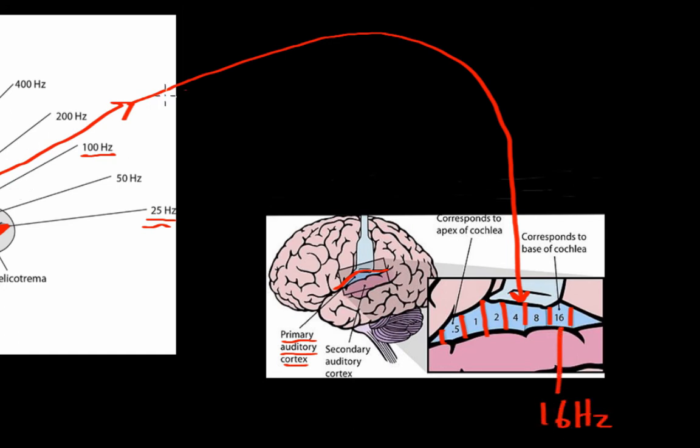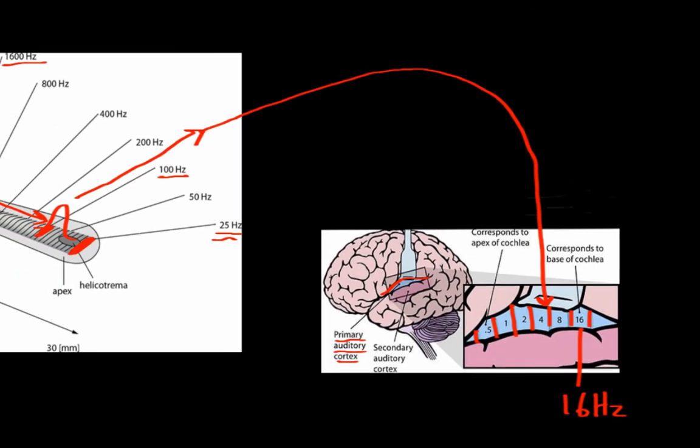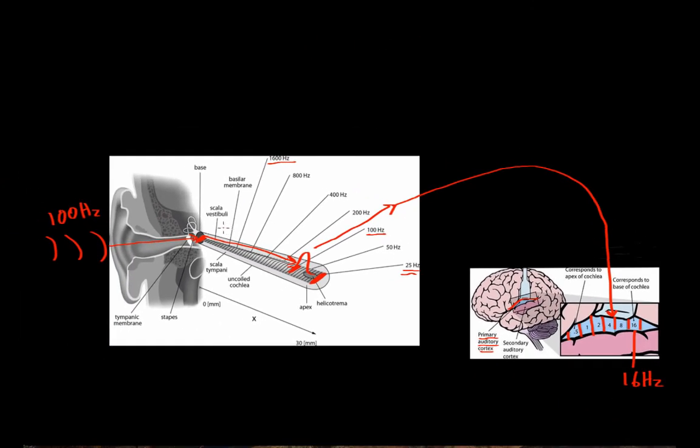And the reason that this is important is because the brain needs to be able to distinguish between various sounds. If all the hair cells were sensitive to every single sound, then whenever you heard any sound, all the hair cells would fire at once and they would send this huge signal to the brain, and the brain wouldn't be able to distinguish between different sounds.